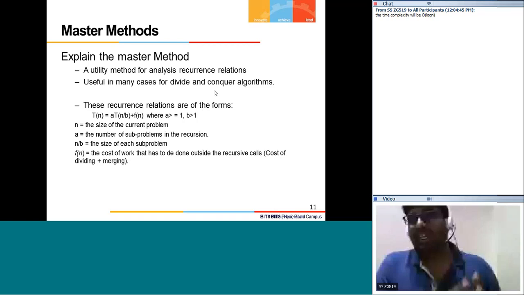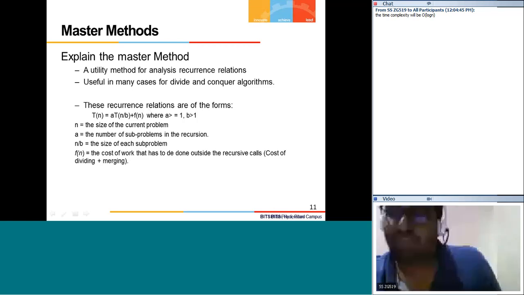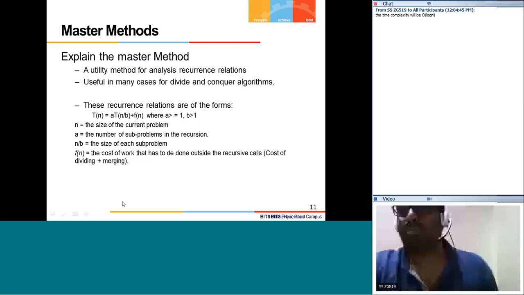The format is if t of n is in the format of a of t of n by b plus f of n, you directly use the master theorem method. What is the master theorem? It's a method that is always used to analyze the time complexity of recursive functions, and especially this is used in divide and conquer.